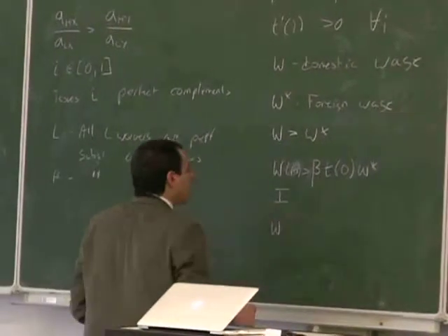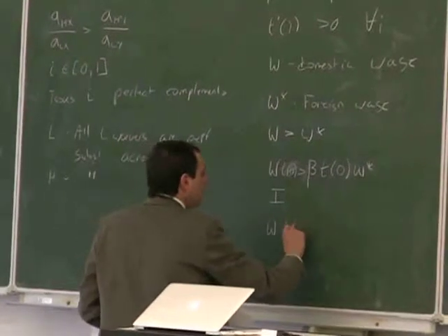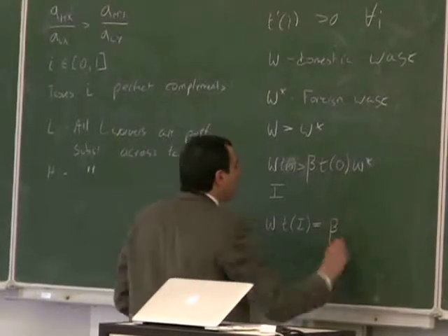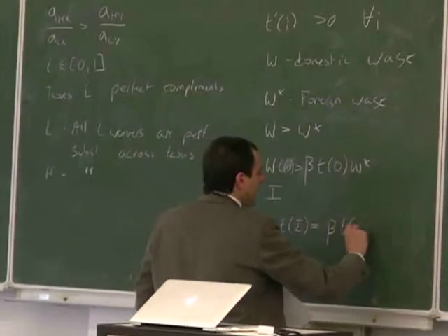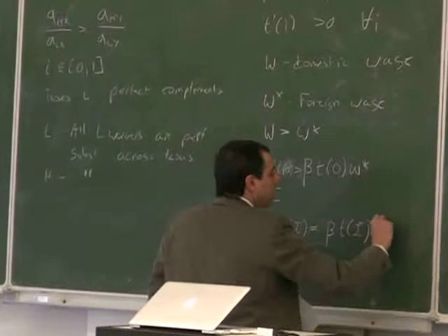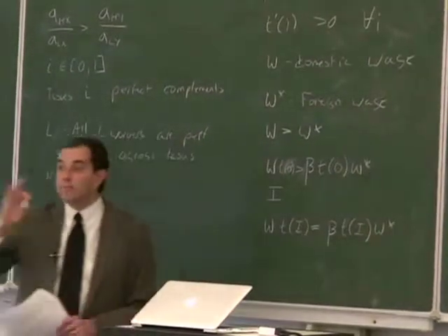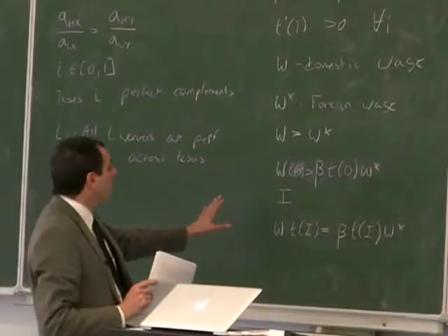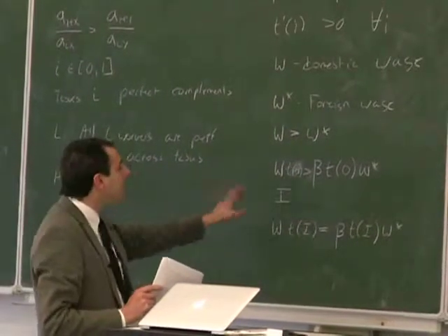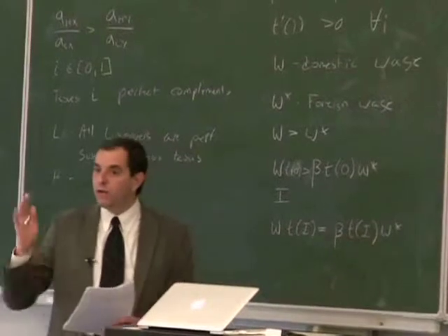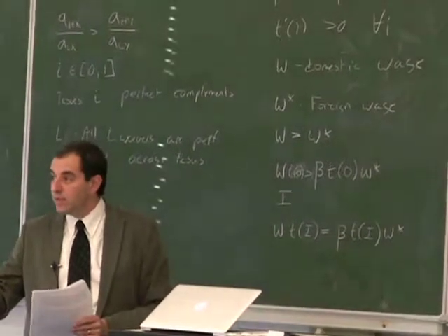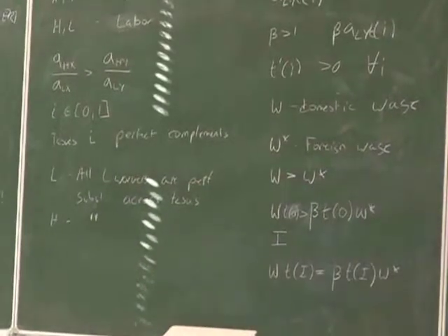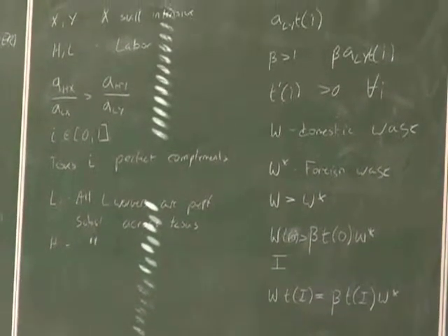There's going to be some crossing point I where W times T of I is equal to beta times T of I times W star, right? So that's the marginal task, right? So tasks that are more complex than I will be done domestically, and tasks that are less complex than I can be offshored, right? Clear on the notation here?